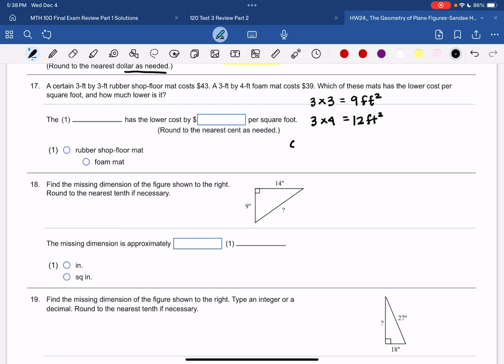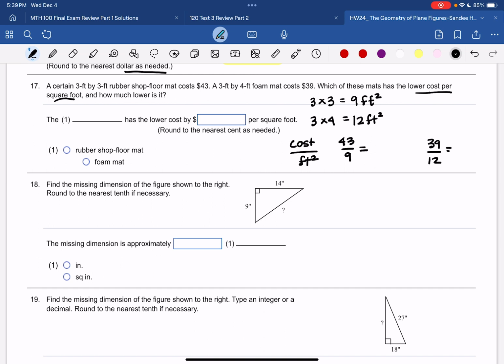We want the cost over the square feet. So it says cost per square foot. So the first one is 43 over 9, and the second one is 39 over 12.